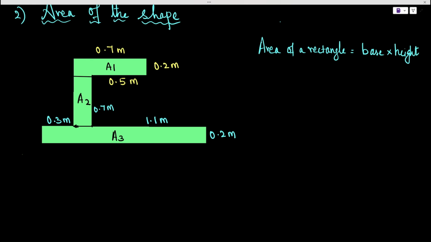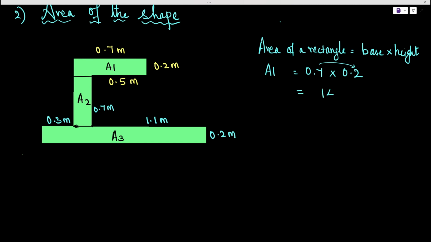So for area 1, this is equal to the base, which is 0.7, multiplied by the height, which is 0.2. So if we multiply them together, we have 2 times 7, which is equal to 14.